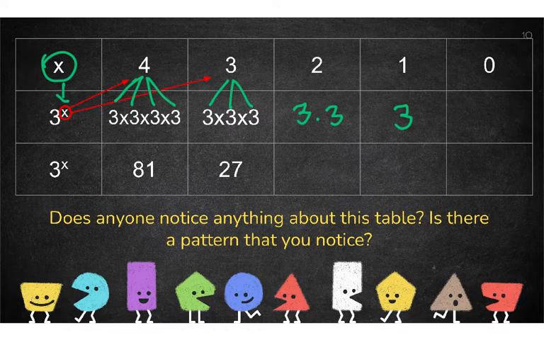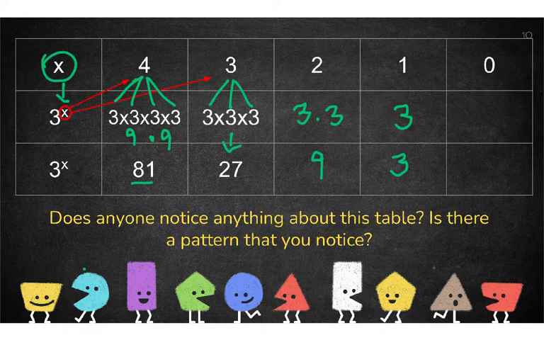Well, then I ask students to fill in the next row, and 3 times 3 is 9, and what is 9 times 9? 81. So then 3 times 3 is 9, 9 times 3 is 27, and 3 is just 3. I'm not multiplying it by anything.